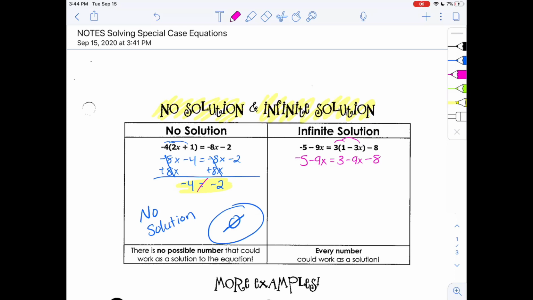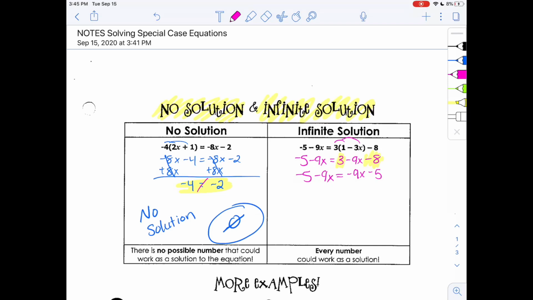Taking a look at the left side, we do not have any like terms, so we'll go ahead and bring down -5 minus 9x equals. On the right side, we can combine 3 and -8. I'm going to go ahead and bring down my -9x, and 3 minus 8 is -5.